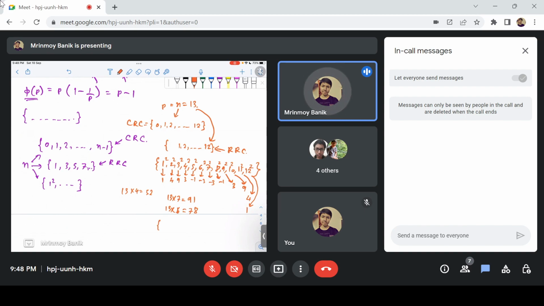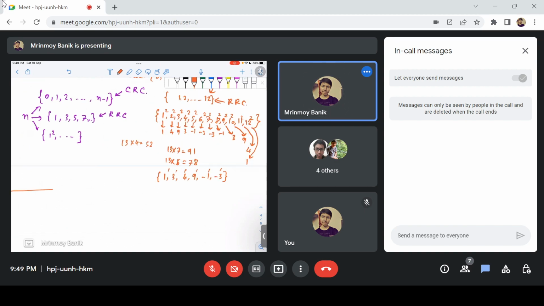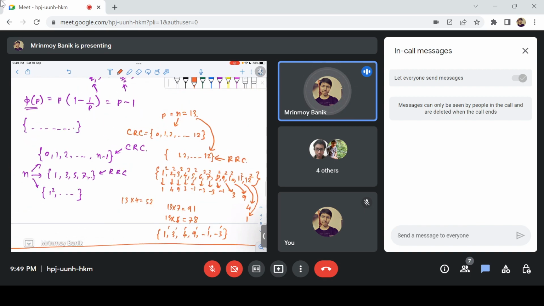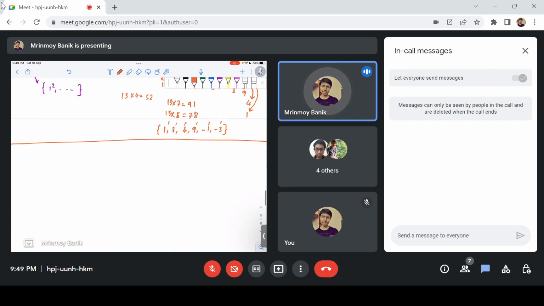So basically the set of quadratic residues is 1, 3, 4, 9, minus 1 and minus 3. Pretty large. So there are six numbers in it. Okay, so that was all about quadratic residues and not all about residue classes, since there are other theorems too.